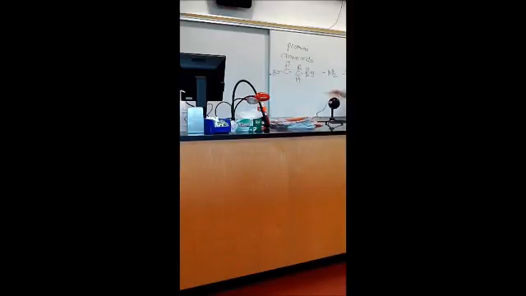So what we have is a carboxyl group on one side, an amino group on the other side, and in the middle, carbon with an R group. We'll talk about the R in a minute.